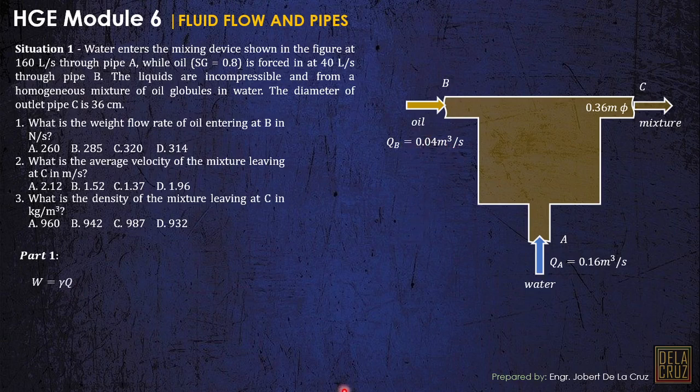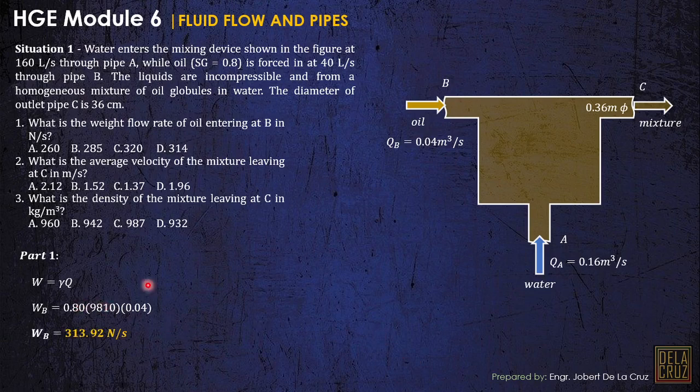Alright, part 1. The weight flow rate is given by this formula. Unit weight times the discharge. Well, at point B, that is oil, therefore the unit weight must be Sg times unit weight of water, 9810 newtons per cubic meter, times the discharge, 0.04 cubic meters per second, and we have here 313.92 newtons per second.